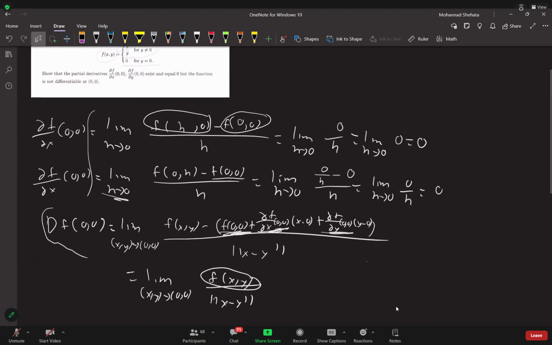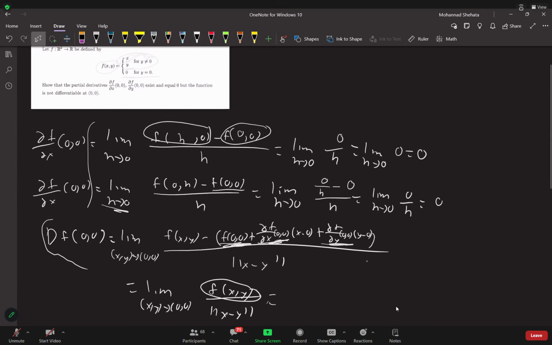Now, if you pick f of (x,y), the thing you resolve f of (x,y) to, it's not even x over y. You have to pick a path first. So if you pick y is equal to x, then at all non-zero points, it will be the limit as x approaches 0 of x over y, which is x over x, so 1 over the square root of, sorry, this is not x minus y.